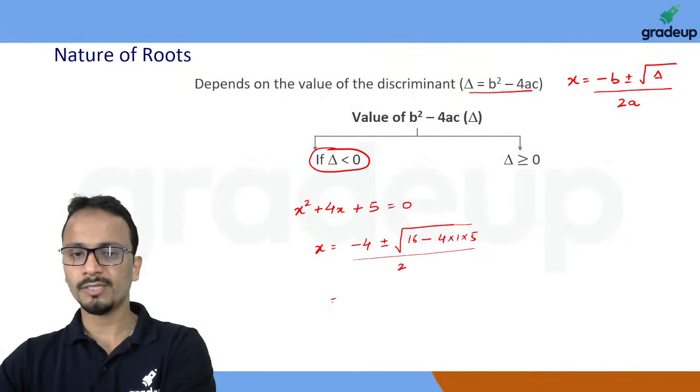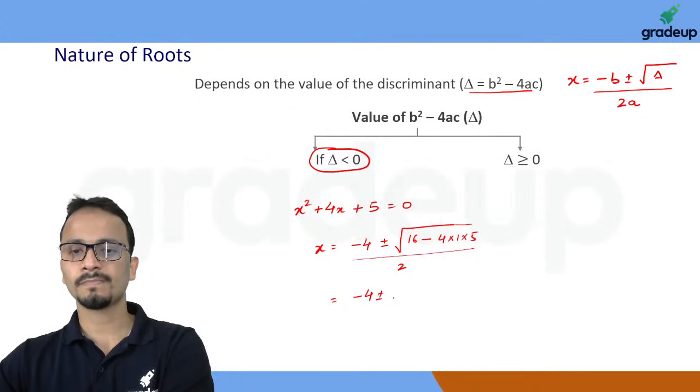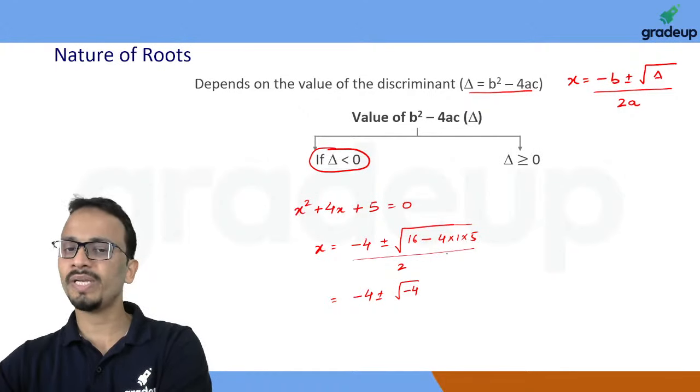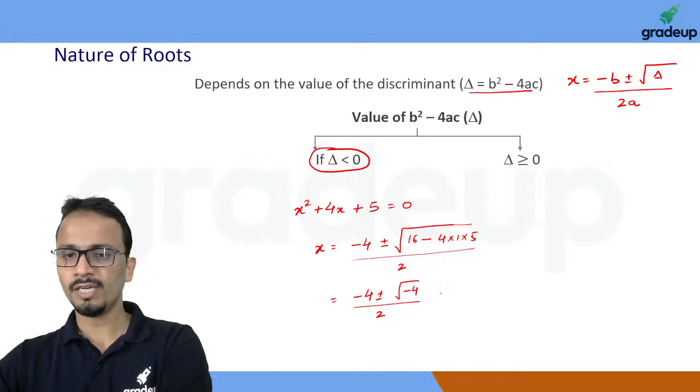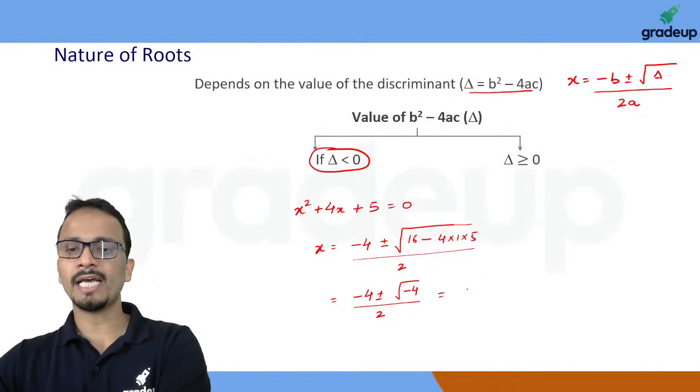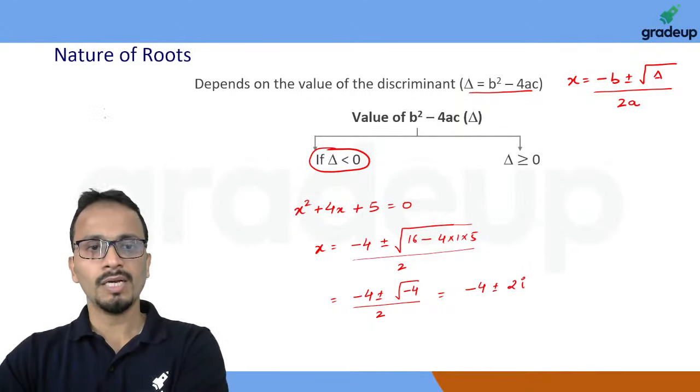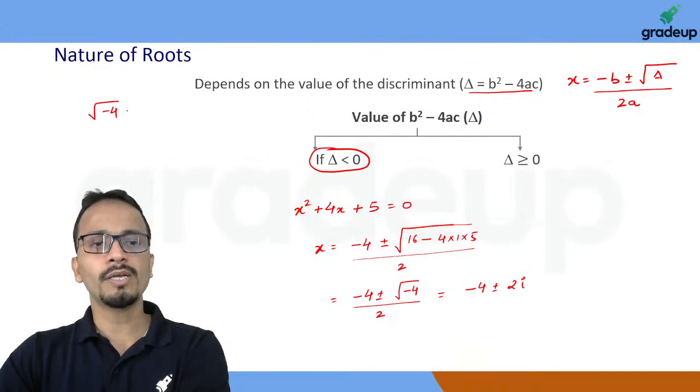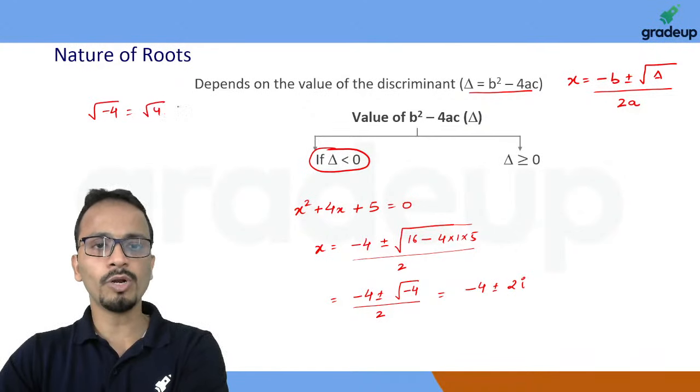All right. Upon solving, I'll get minus 4 plus minus under root of minus 4. So 16 minus 20 will be minus 4, whole divided by 2. Upon further solving, I can write it as minus 4 plus minus 2 iota. Under root of negative 4 can be written as under root of 4 multiplied by under root of minus 1.